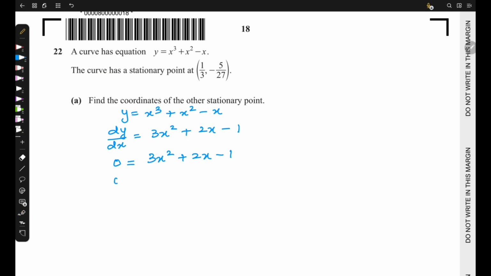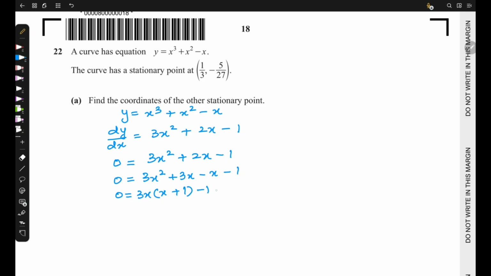Now we can use the factorization method, or you can use the quadratic formula as well because this is a quadratic equation. It's up to you, but I recommend you use the quadratic formula in paper 4 and factorization in paper 2. So 3x squared plus 3x minus x minus 1. We are just doing mid-term breaks. In the first two we take 3x as common, I'll get x plus 1.